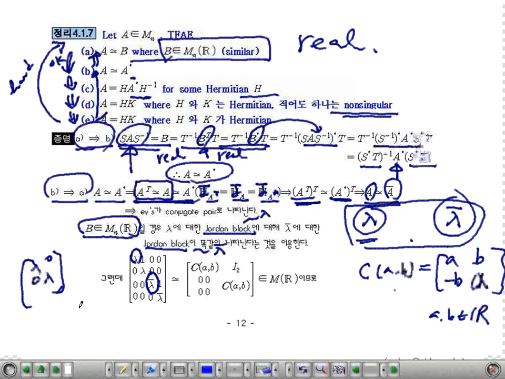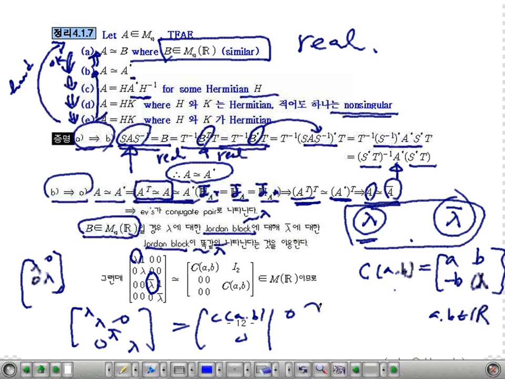If we have something like lambda bar, then we can just write it in this way. This is similar to this matrix, so we don't have to care.